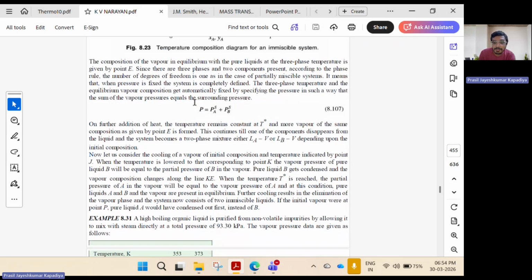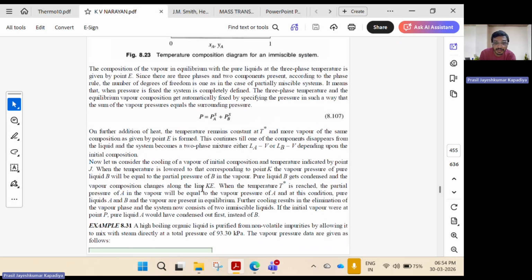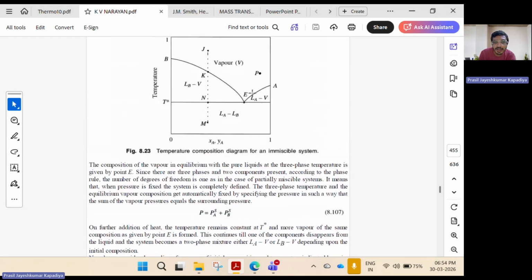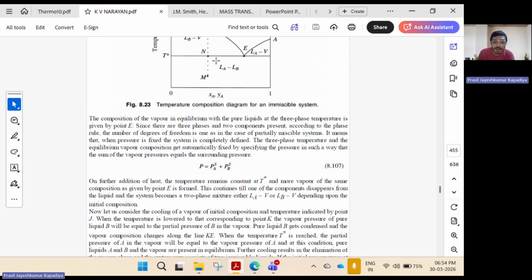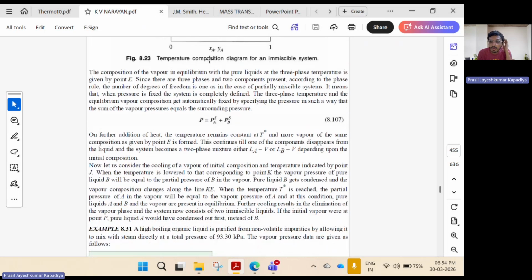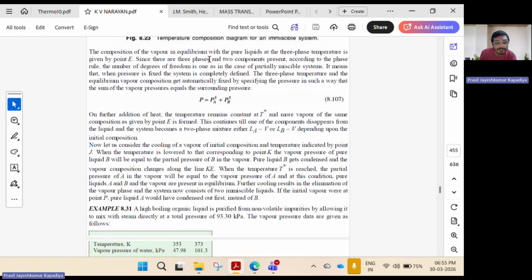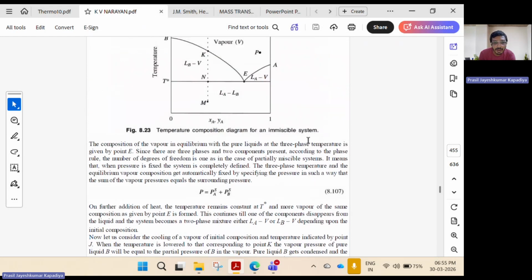Pure B gets condensed and the vapor composition changes along the KE line. This will be my vapor line and this will be my liquid line, so the vapor line is going to change according to that. So we'll have LAV or LBV depending on our initial composition.